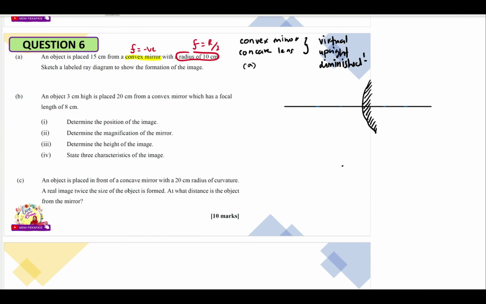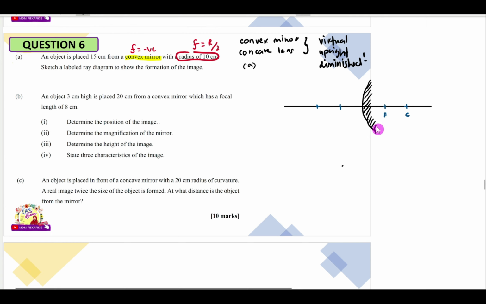Kalau saya nak tanda, saya akan tanda kat sini, 1, so dia lebih kurang sama panjang. Pastikan dia lebih kurang sama panjang, supaya image yang kita dapat tu tidaklah lari daripada apa yang sepatutnya. Jadi sekarang, saya akan letak sini F, C.